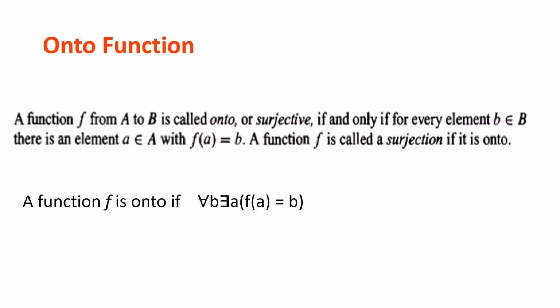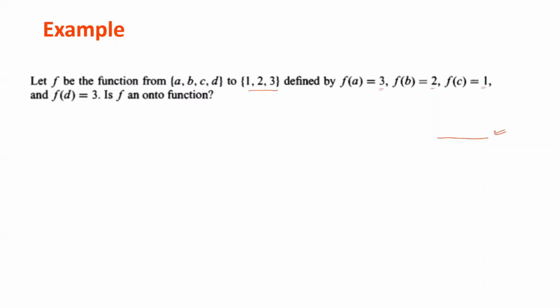So let us see one example. There are two sets, A, B, C, D and 1, 2, 3, where the mappings are given like f(A) is equal to 3, f(B) is equal to 2, f(C) is equal to 1 and f(D) is equal to 3. We have to determine whether this mapping is onto or not.